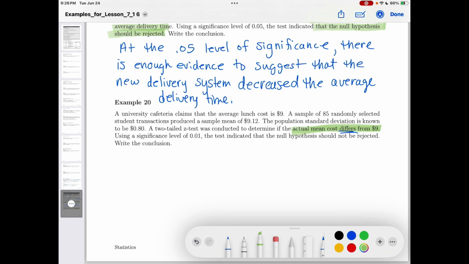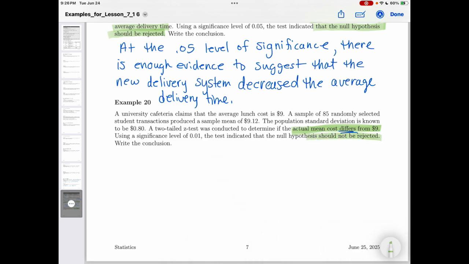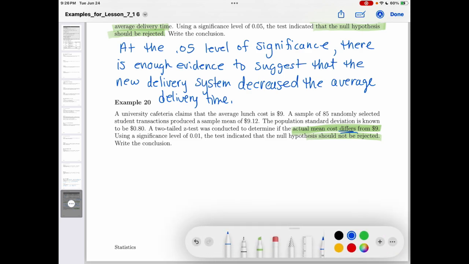Using a significance level of 0.01, the test indicated that the null hypothesis should not be rejected. If we do not reject the null hypothesis, then there is not enough evidence to suggest that the alternative hypothesis is true.